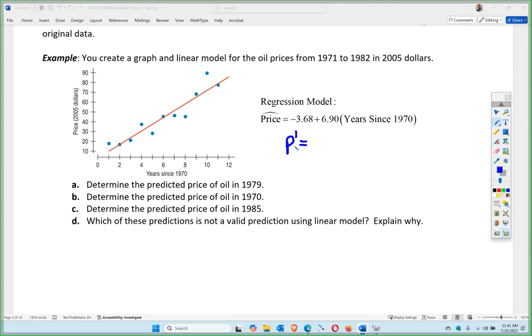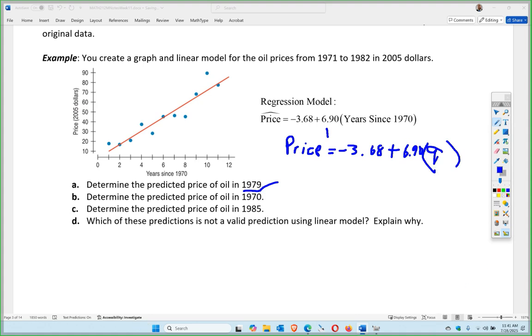This is the predicted price. It's not the actual price, the observed. So negative 3.68 plus 6.90 times x. Since it's years since 1970, if I go to 79, that'd be 9, wouldn't it? So what would be that predicted price?